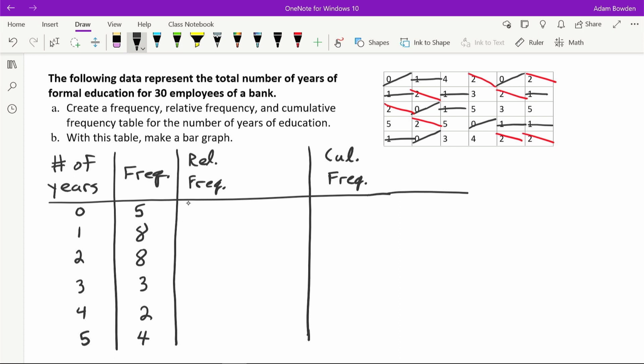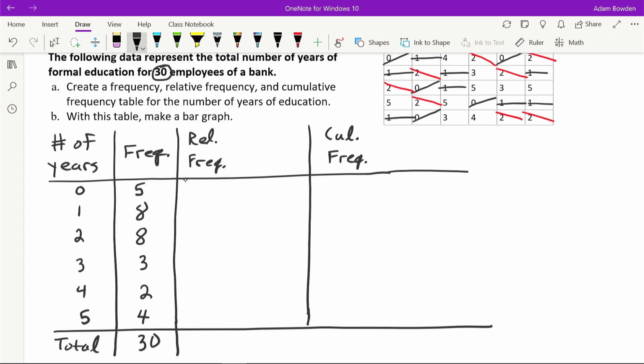To do relative frequency, we have to divide by the total. So it said here there are 30 total. So we'll go through and do like 5 divided by 30, which is equal to approximately, rounded off, 0.17 or 17%. 8 divided by 30 is approximately 0.27 or 27%.